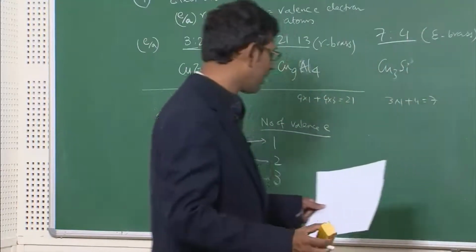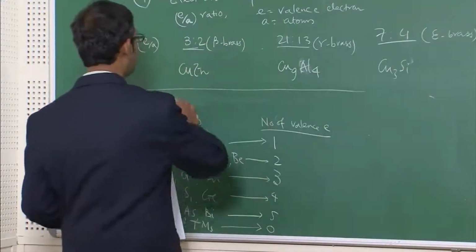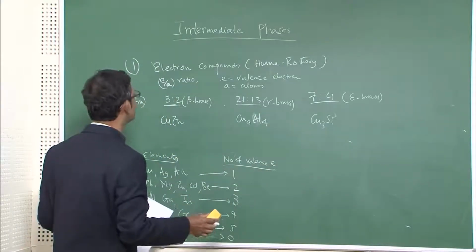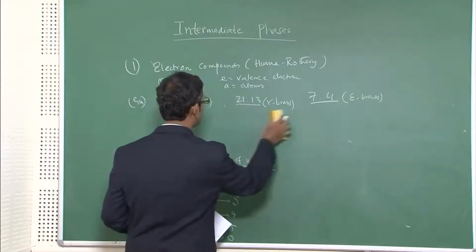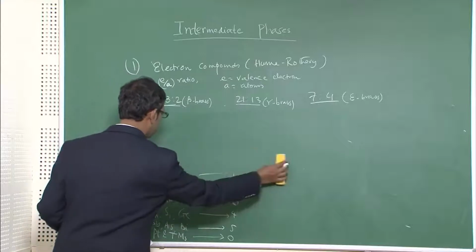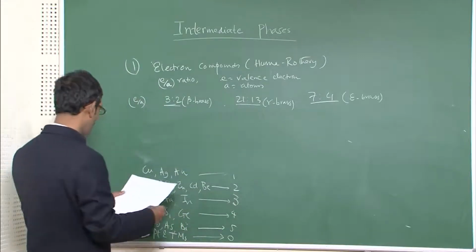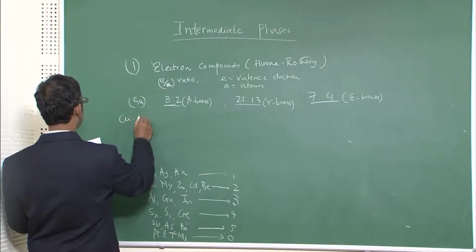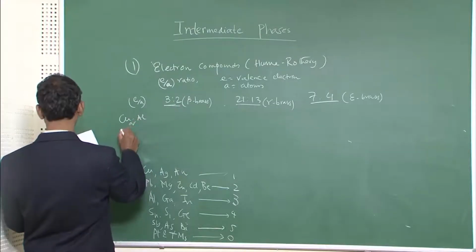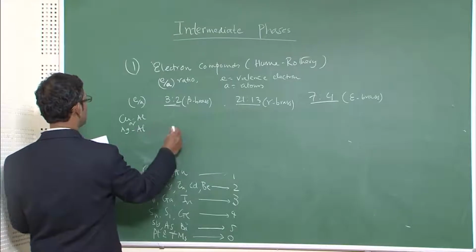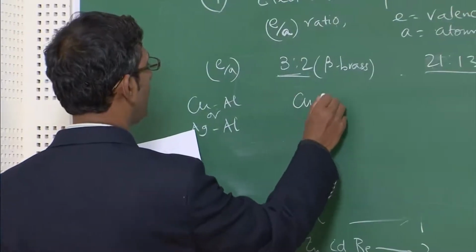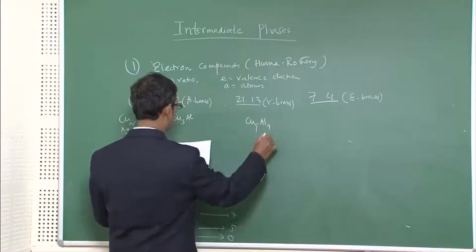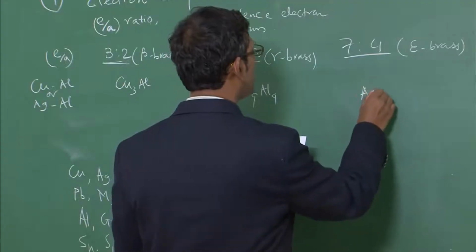So now let us look into the different compounds of different types after I have given you the table. Let me just remove these things to show you. Only thing I will keep is this table, so that it helps you to understand. Suppose I tell you the copper aluminum system, copper aluminum or silver aluminum, it exists. So this is Cu3Al, we will calculate again, Cu9Al4 I have written already, and this is Ag3Al.